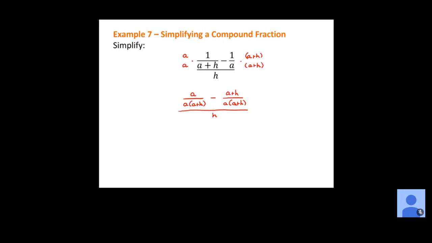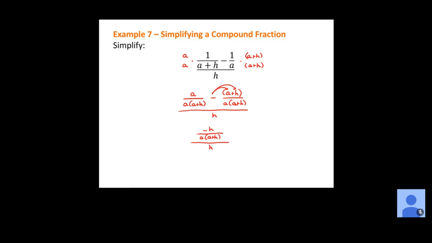So instead of an h, it's actually going to be what? A negative h, right? So we're going to have negative h over a times a plus h all over h. Because again, just think this whole thing is grouped together. That negative now gets distributed to both of these terms. And so a minus a cancels out, and then we have a negative h in our numerator.